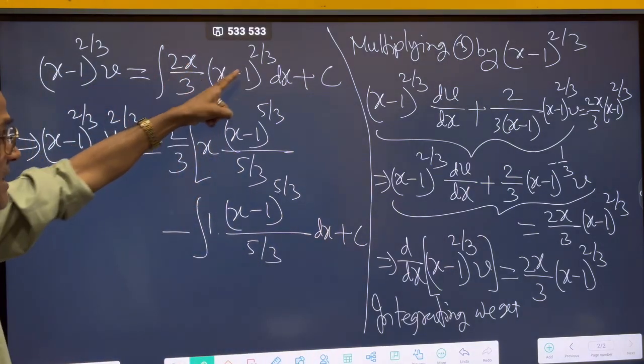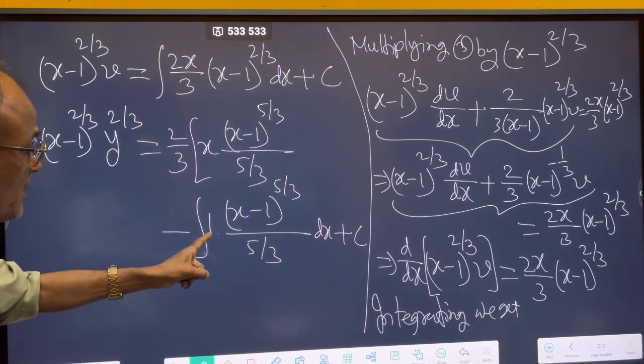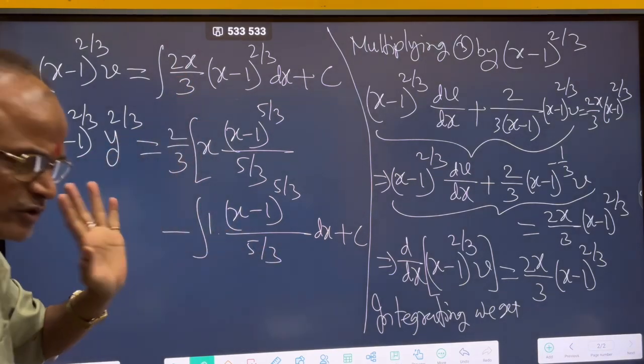That is: first function x, integration of the second function, minus differentiation of the first function, integration of the second function, whole integral.